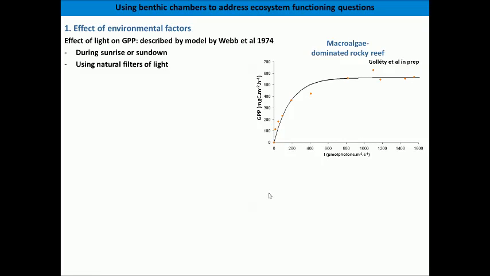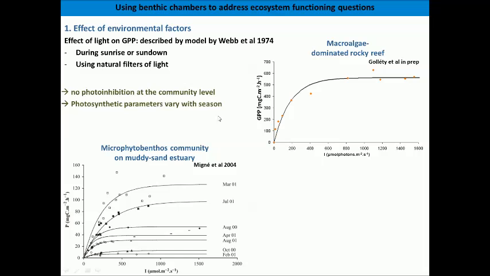Here it shows gross primary productivity as a function of light, on the measurements done on macroalgae. And it shows that, first, at the community level, there is no photoinhibition. Similar measurements have been done previously on microphytobenthos on a muddy sand estuary. So you can see that the same type of relationship was observed.